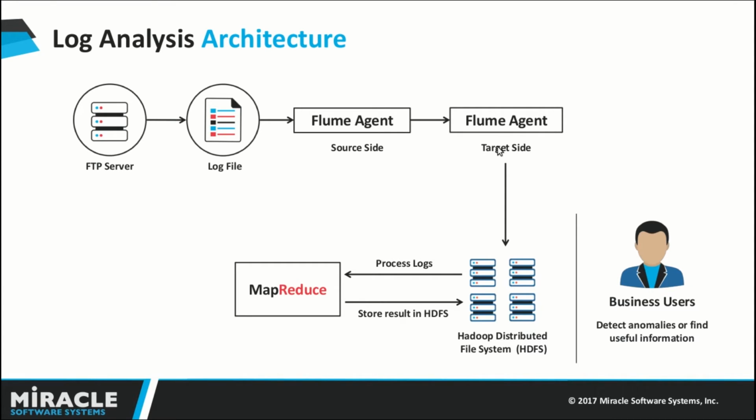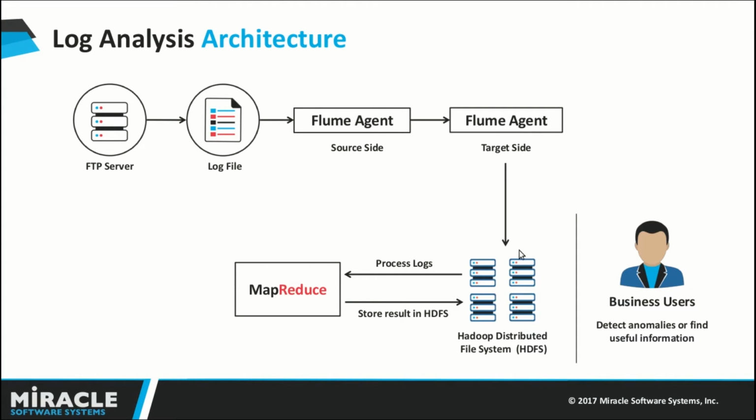Avro is a data serialization framework which manages the transport of data from one point to another over a network. The Avro sink of the source Flume agent sends the logs in the form of events, which the Avro source of the other Flume agent captures. This is done through an RPC connection between them.